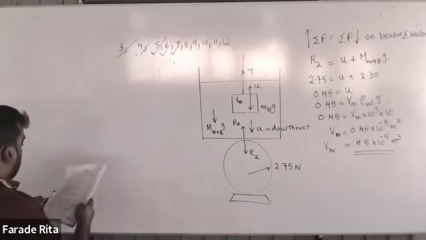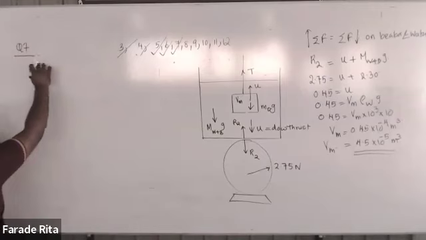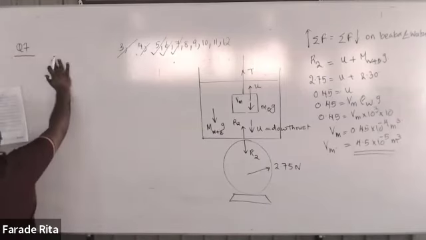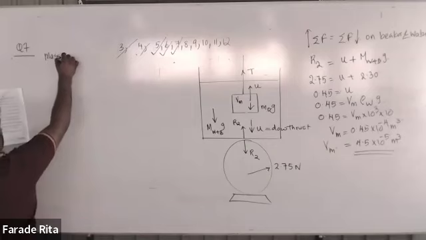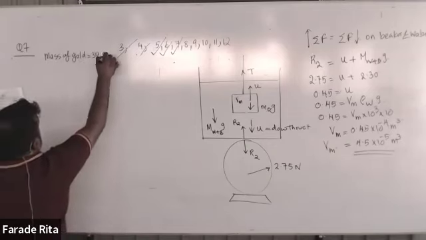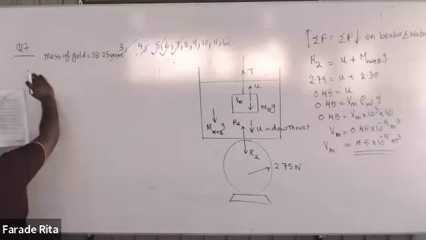Look at question number 7. Pure gold is suspected to have a hollow center. It has a mass of 38.25 grams. Mass of gold, 38.25 grams. 36.22 in water.